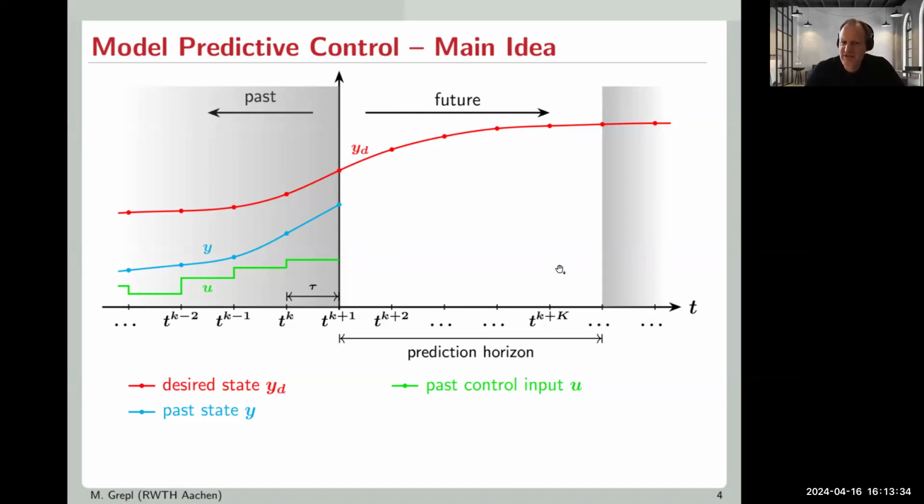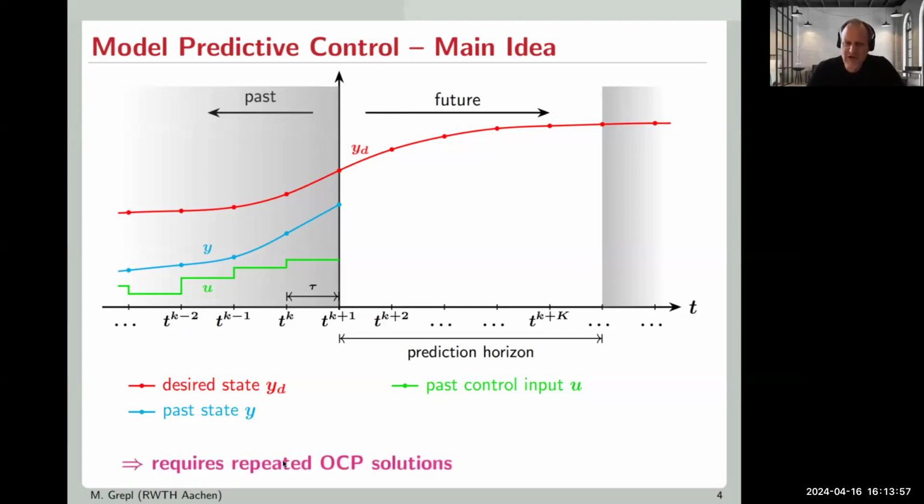But what remains is that we basically have to solve a finite horizon PDE constrained optimal control problem repeatedly over this prediction horizon. And as you probably can imagine, we don't have a lot of time because we need to do this very fast as the horizon moves on over time.